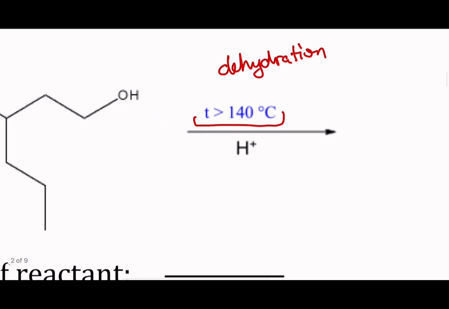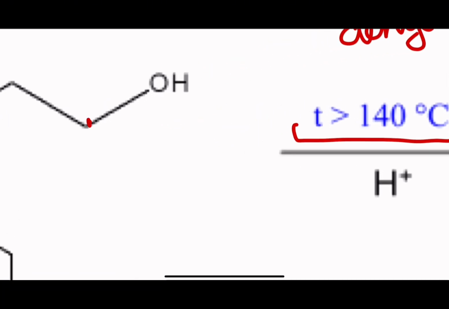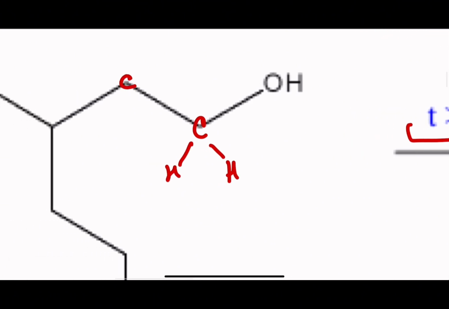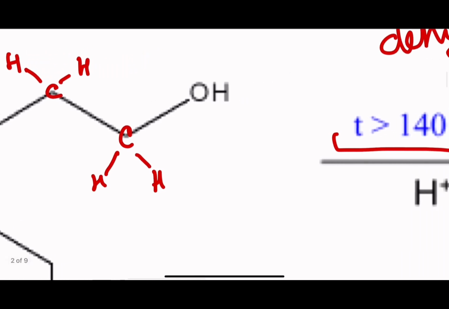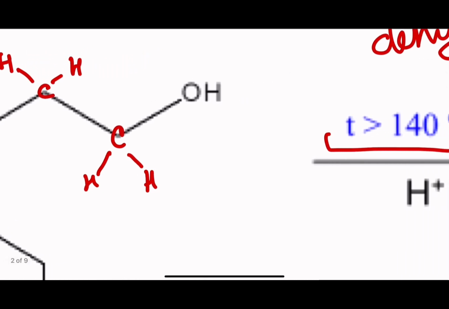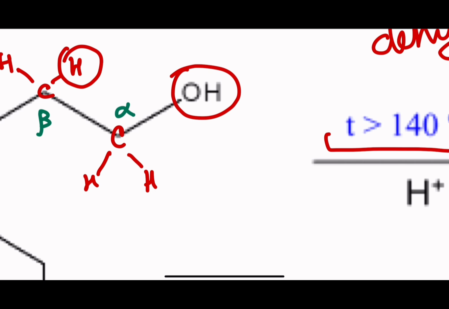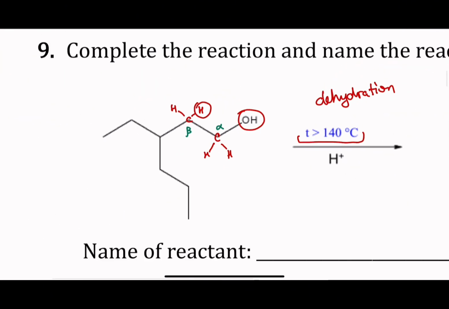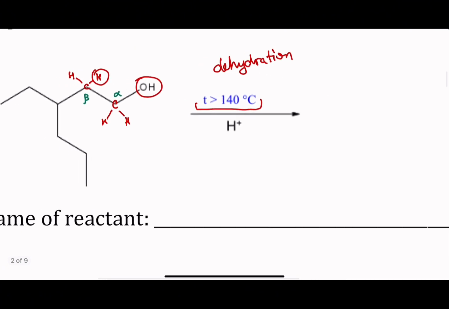In the dehydration reaction, we know that this carbon is the alpha carbon, and the carbon on this side is the beta carbon. The alpha carbon loses the OH, and the beta carbon loses the H, and we make a double bond right here.